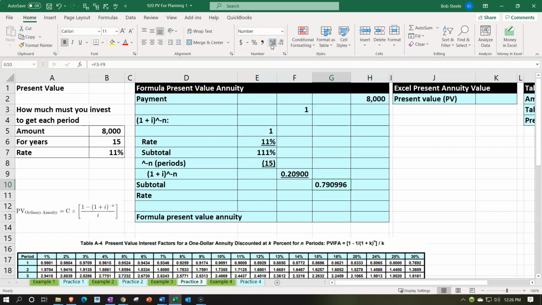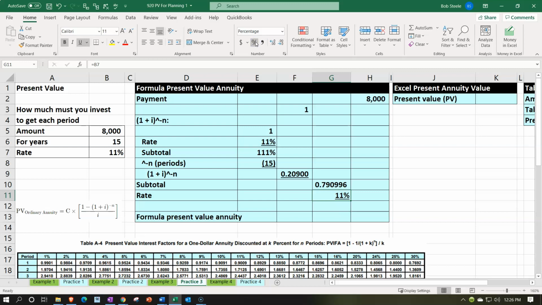Okay, so then we're going to say that the rate is going to be the 11%. So I'm going to take my rate, which is the 11%. Percentify that one: home tab, font, and underline it. And then percentify it.